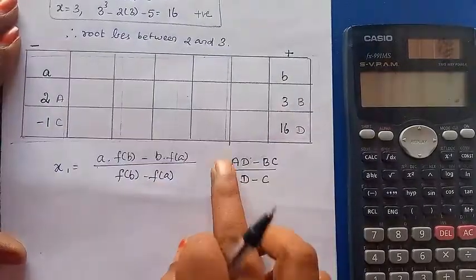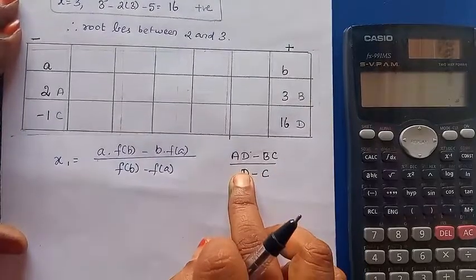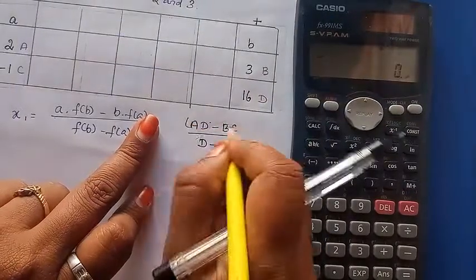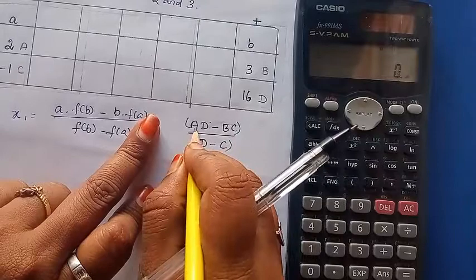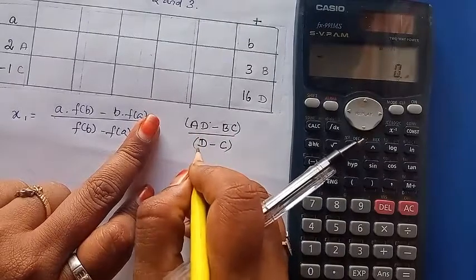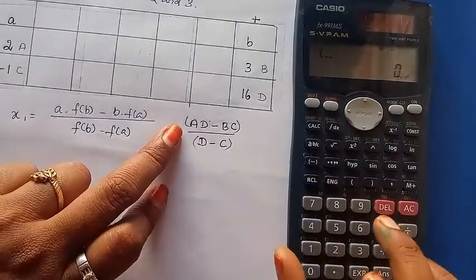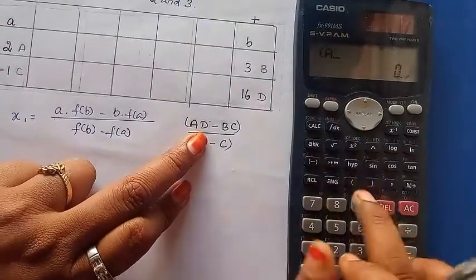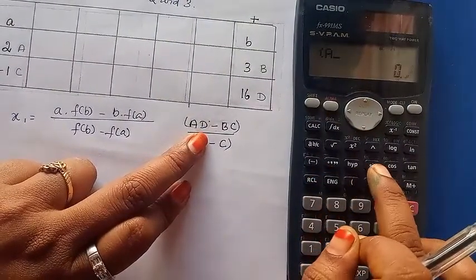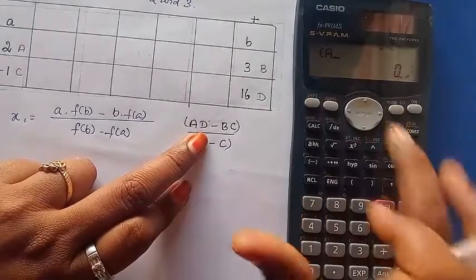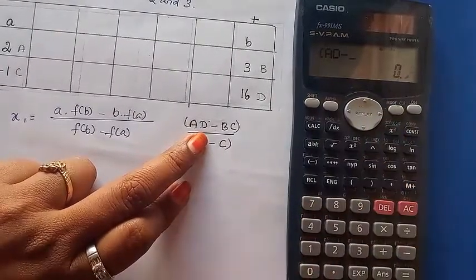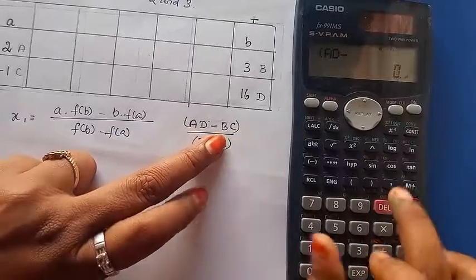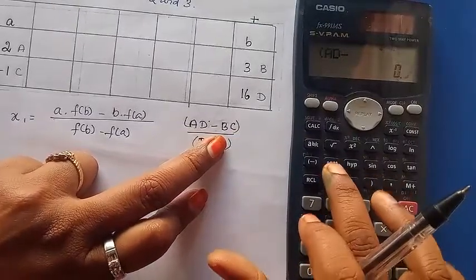Now it is easier to feed this formula in the calculator. To avoid confusion, enclose the numerator and denominator with brackets. So open the bracket, alpha A, then it is D. So D is here above the sign button. So alpha D minus BC. So B is above the dot.